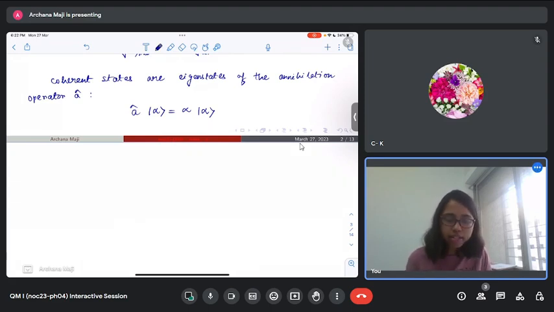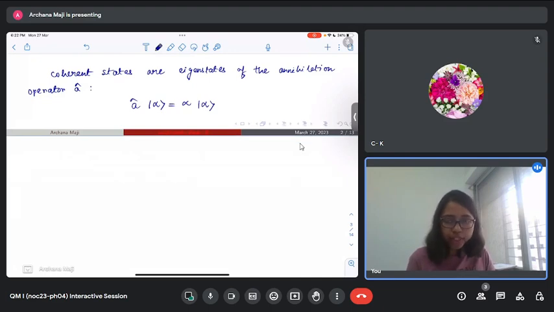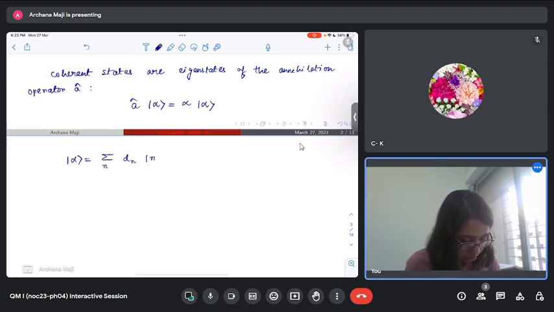The eigenstates of the number operator, or the eigenstates of the Hamiltonian itself, form a basis. So we can express these coherent states as a superposition of those basis states, with some coefficients d_n.